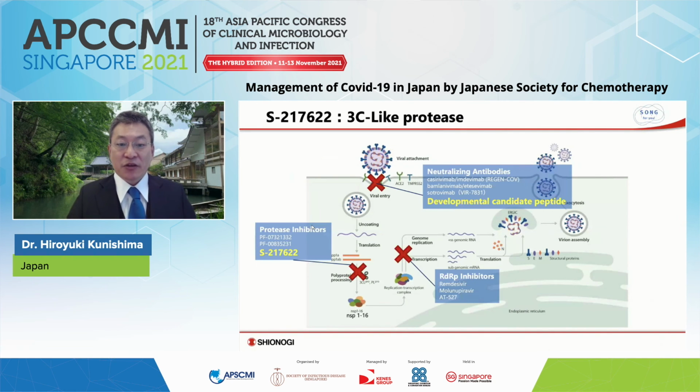Shionogi is a pharmaceutical company that has previously developed antiviral and antibacterial drugs such as dolutegravir and baloxavir. Currently under development is S-217622, which has antiviral activity against SARS coronavirus 2 by inhibiting proteases.